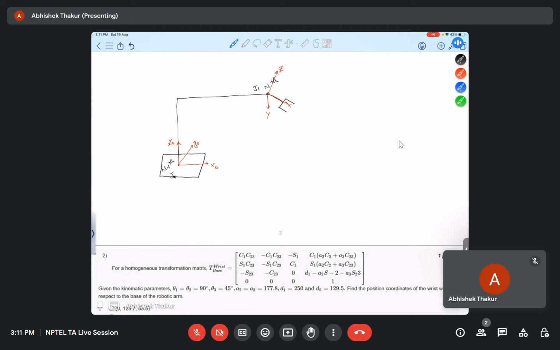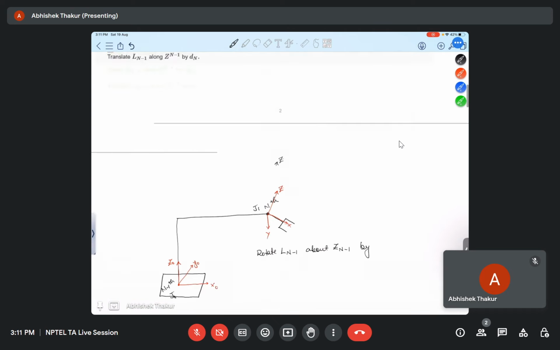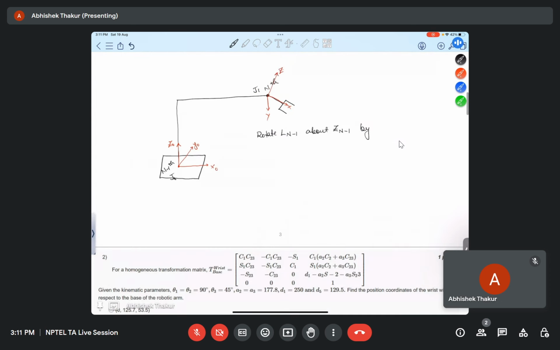So first, what we are doing, we are rotating Ln minus one about Z n minus one by theta n. Okay.